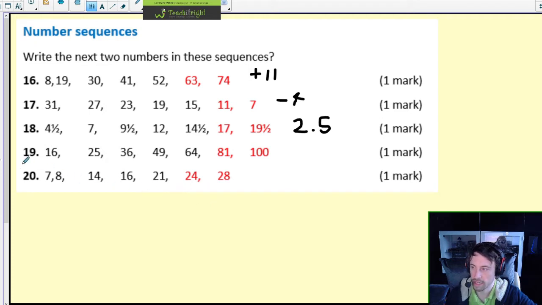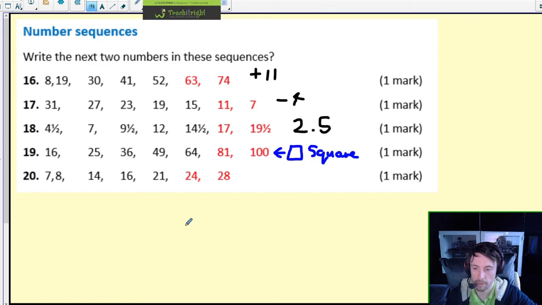Then number 19, it goes 16, 25, 36, 49, 64, 81, 100. We're not adding on anything particular. These are a list of numbers you need to know, and these are all square numbers. Square as in the shape. So that's a special sequence.